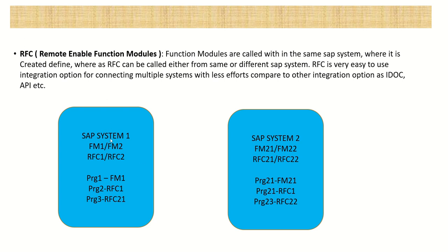But in case you are working with multiple SAP systems or non-SAP systems, and you want to call the function module which is created in system A in some other SAP system, in that case we have to use the RFC. Because the RFC is a mechanism to communicate with the other SAP system. So instead of using IDoc and all, the RFC is easy to use in different SAP systems.